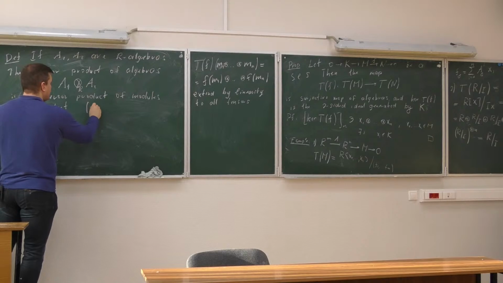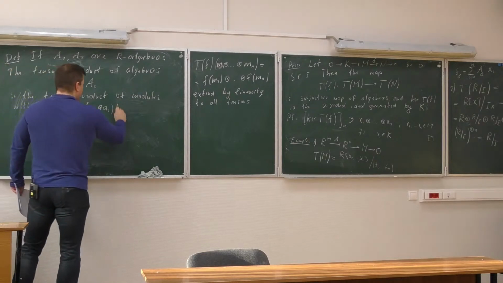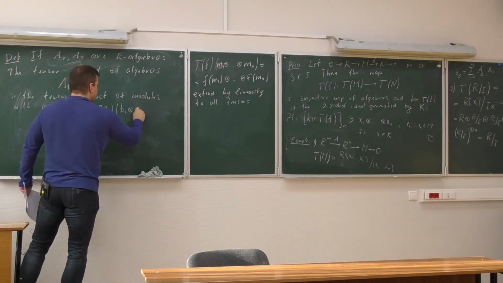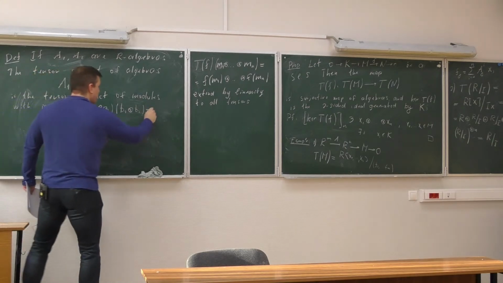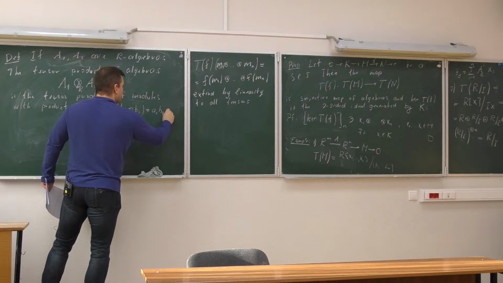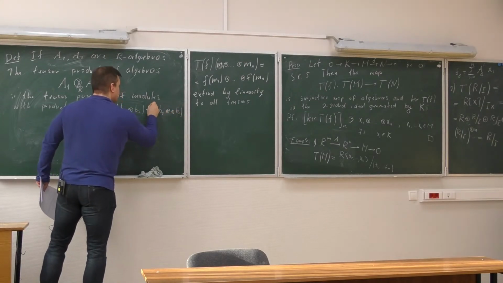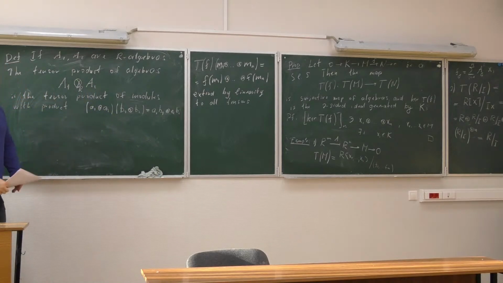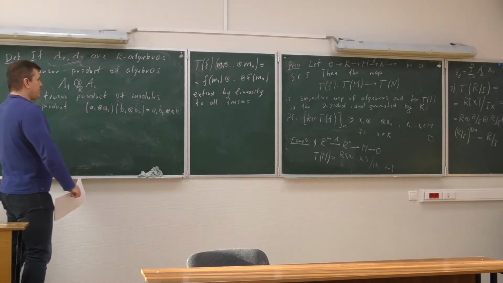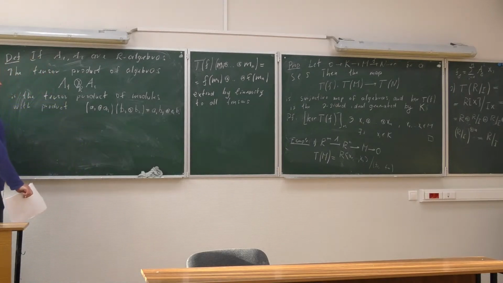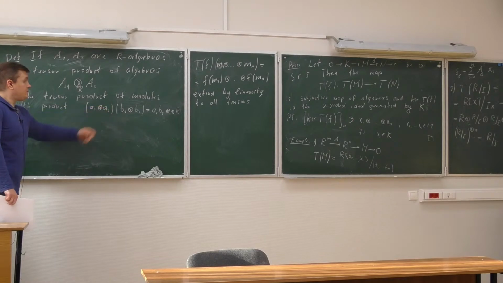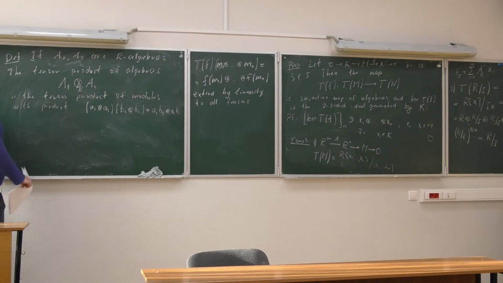Suppose you have two simple tensors, and you want to multiply these two simple tensors. Well, by definition, you say that this is the product of A1 and B1 and A2 and B2. So this is how you define the product on simple tensors, and then again you extend by linearity, well, in this case by distributivity, to all tensors. And again, you can check that this is an associative product, and it has the identity element, which will be just the product of 1 and 1. And indeed, this will be a new R-algebra.